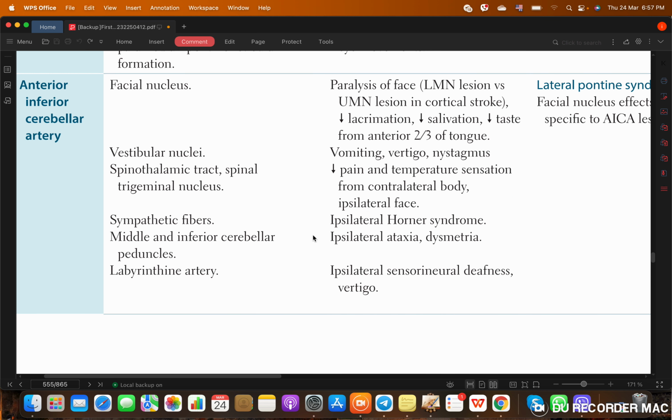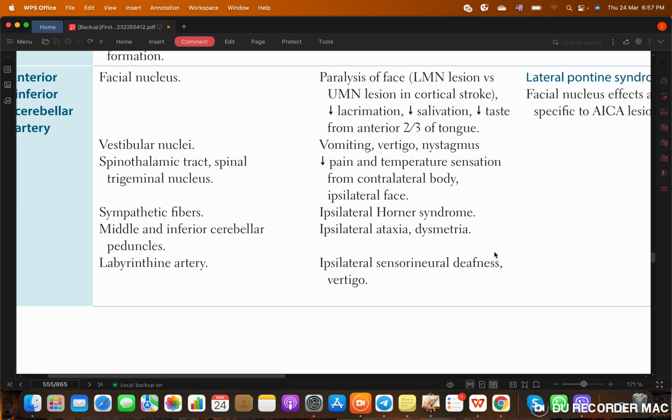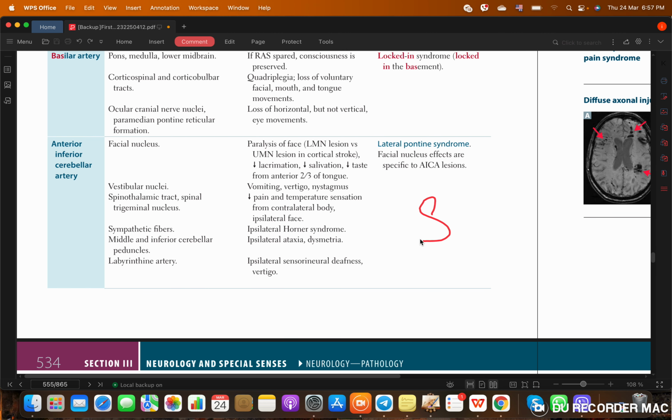So, as I said before, it's not only the rule of sensory being lateral and motor being medial. It's not always true, but in general, it works. So, ipsilateral Horner syndrome. What is Horner syndrome? It's due to the affection of the sympathetic fibers.